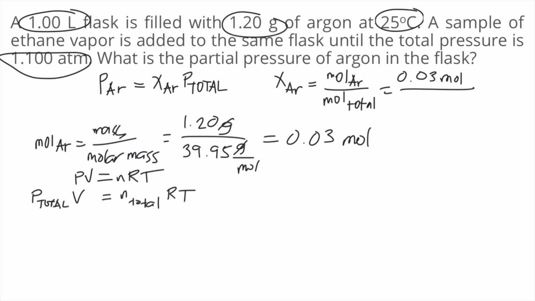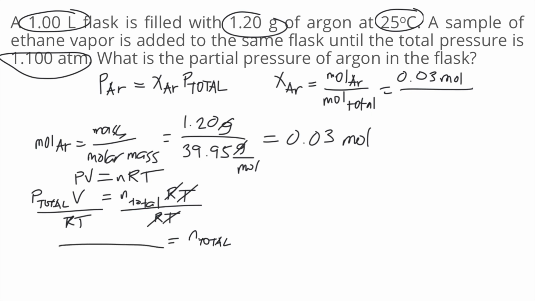If you want to get n total, you just divide both sides of the equation by RT. So RT cancels on the right side, and you now have n total. And then you just substitute the values for the left side.